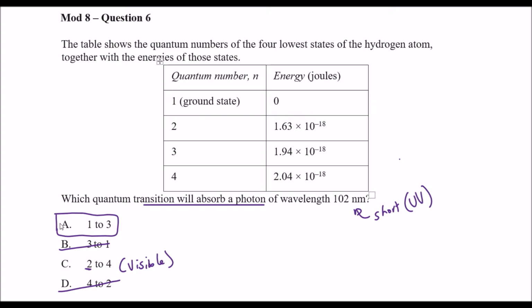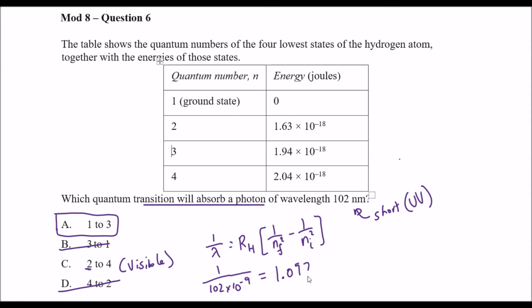But say if I wasn't really sure, I want to cross-check it with some kind of equation. Well, you can, because you can use Rydberg's equation. Rydberg's equation is 1 over lambda equals the Rydberg constant times 1 over the final transition number squared minus 1 over the initial transition number squared. You could plug in the value for the wavelength as 1 over 102. Make sure you convert that into the correct SI units. The Rydberg constant is to the power of 7, I do believe.